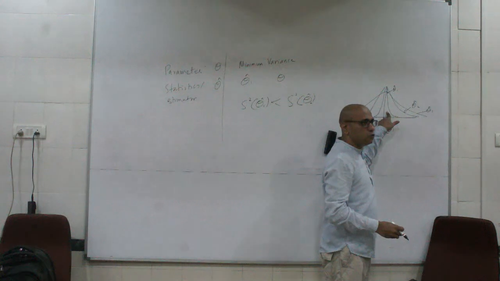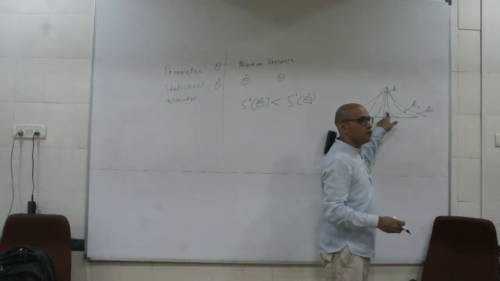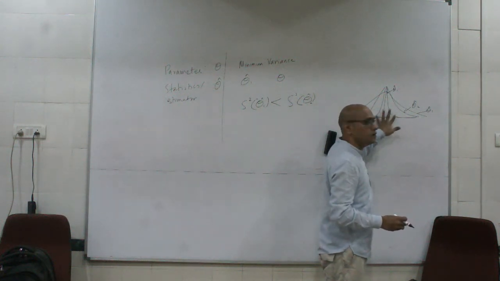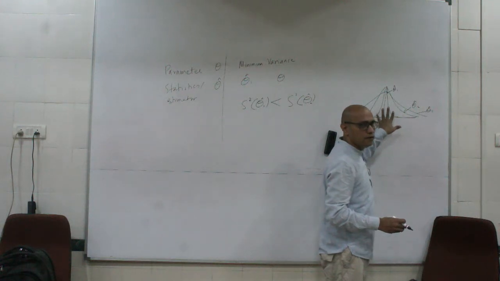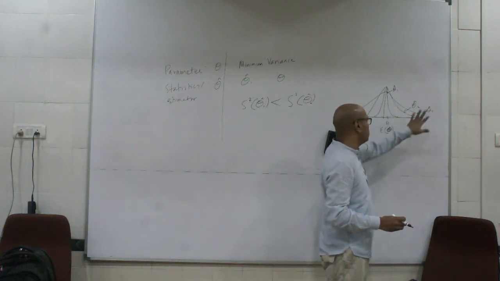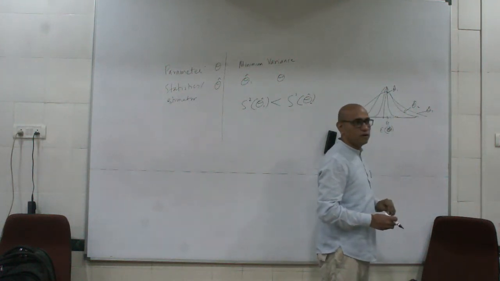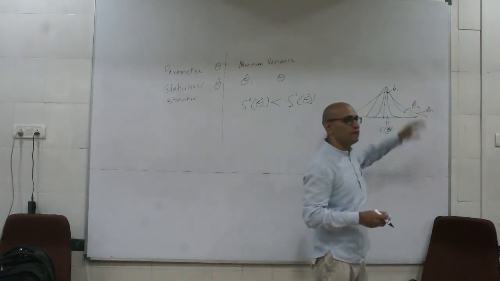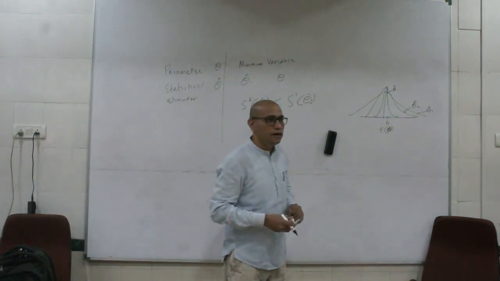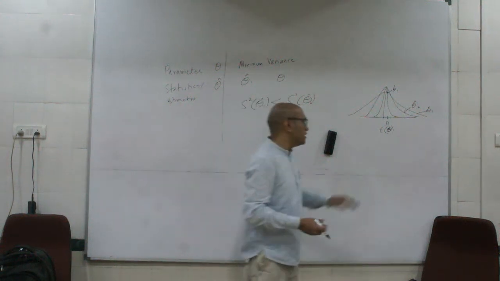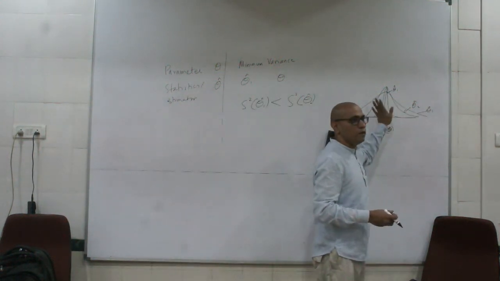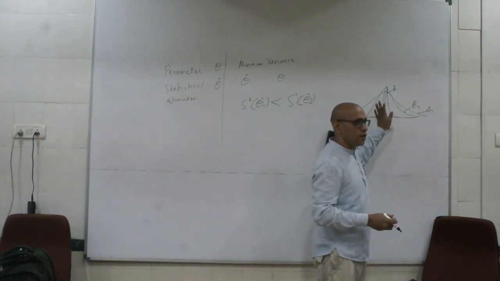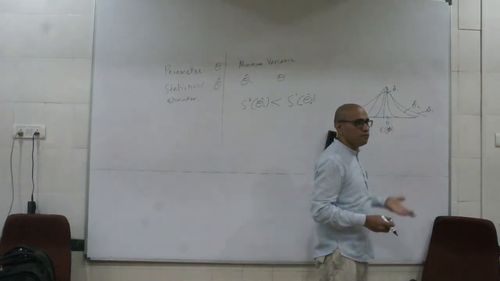Now look at the variance of theta hat 1. It has a smaller variance as compared to all other estimators, theta hat 2, 3, 4, 5. I'm not drawing all of them. But what does it mean? Theta hat 1 would be called the minimum variance estimator. Now, what is the advantage of this?